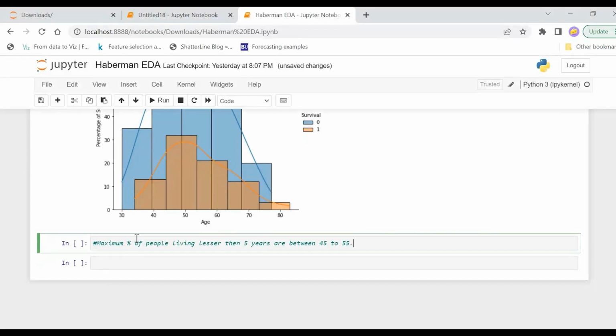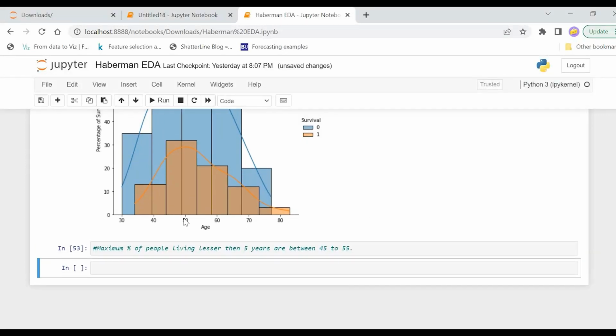Now one more thing which I want you to do, but that will be particularly getting much deeper into data, which is not actually required, but it can give you certain insights about this data.